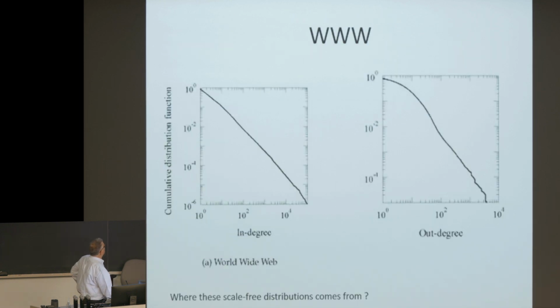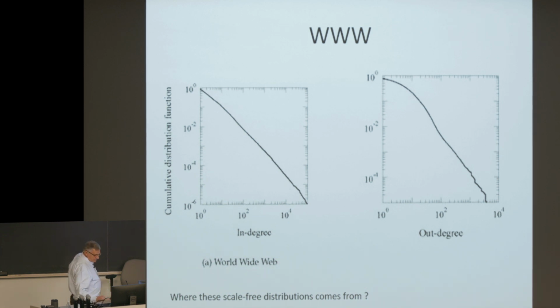And you see, this is the example of these networks for the WWW. And of course, the WWW is a directed network because it's a network of references between different pages, and the internet. And so you can see that it looks like a power law, and the slope here is quite close to 1 on these graphs.